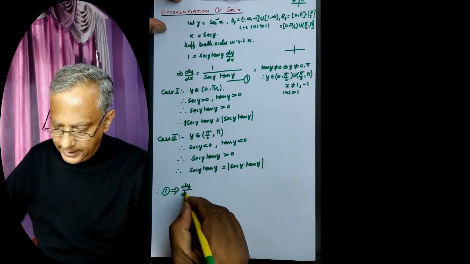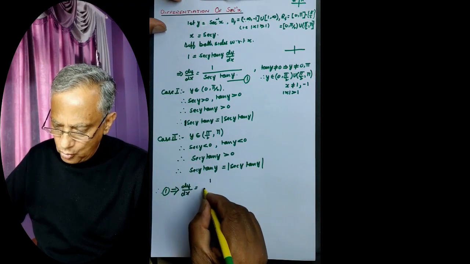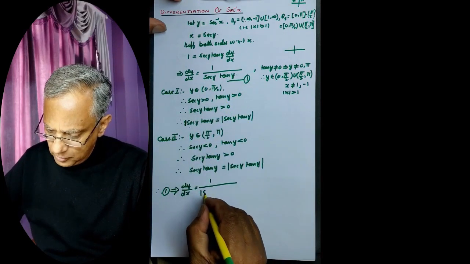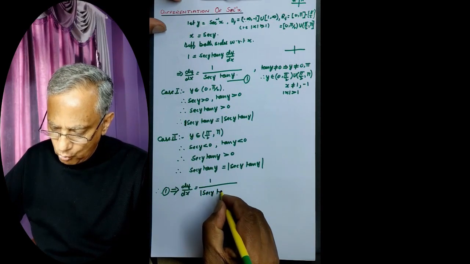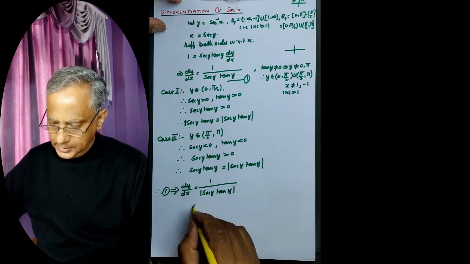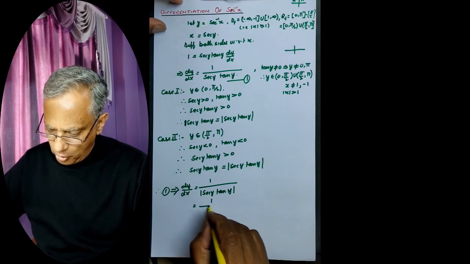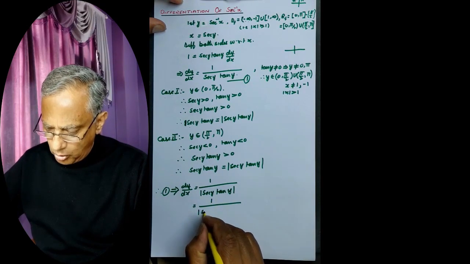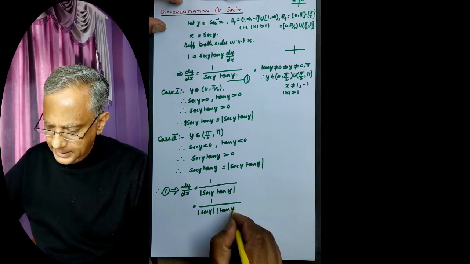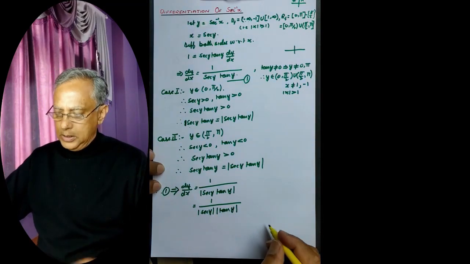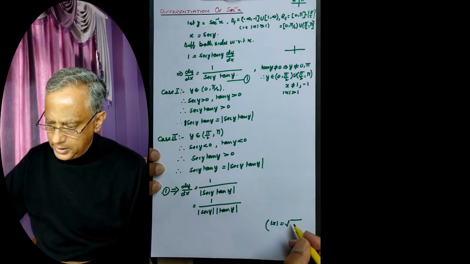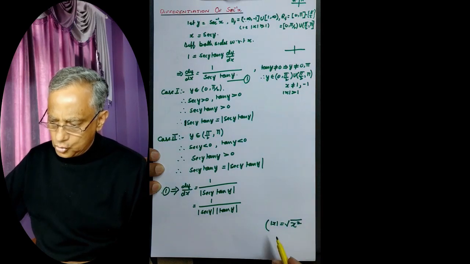dy by dx is equal to 1 upon secant y tangent y, which can be written as mod of secant y tangent y. And this is equal to 1 upon mod of secant y mod of tangent y. Now we know mod of x is equal to under root x square.